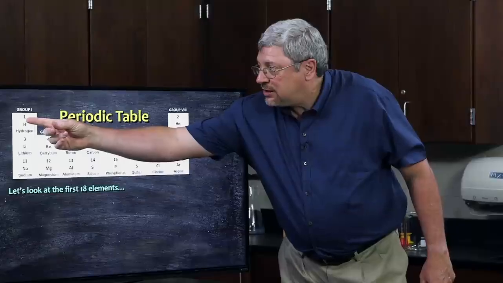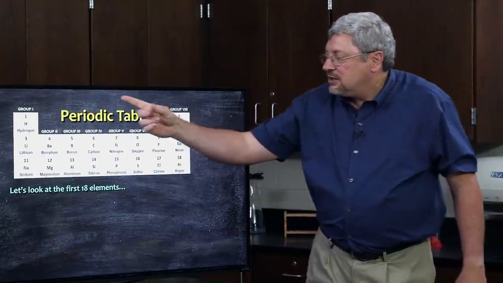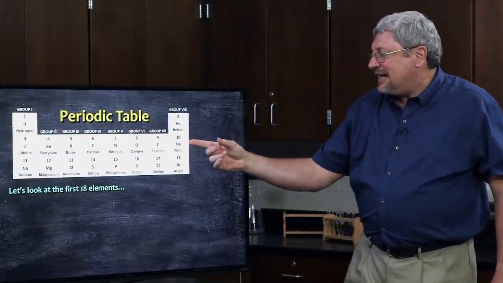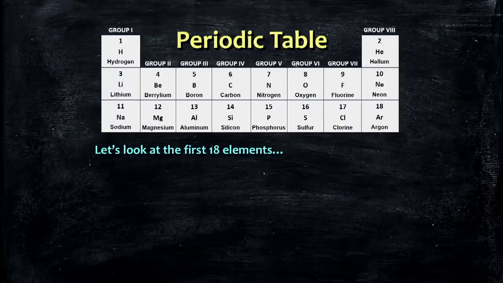We have an atom here with only 1 proton. Way over here we have an atom with 2 protons. Then we have an atom with 3 and 4 and 5 and 6 and 7 and 8 and 9, 10. Start over again on the third row. We have 11, 12, 13, 14, 15, 16, 17, and 18.